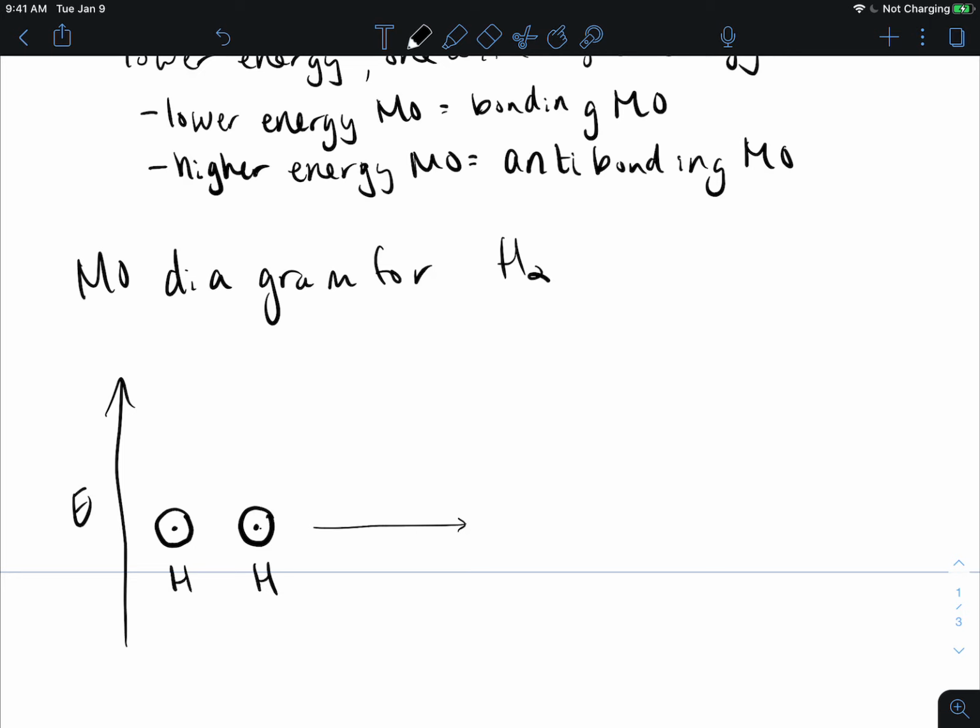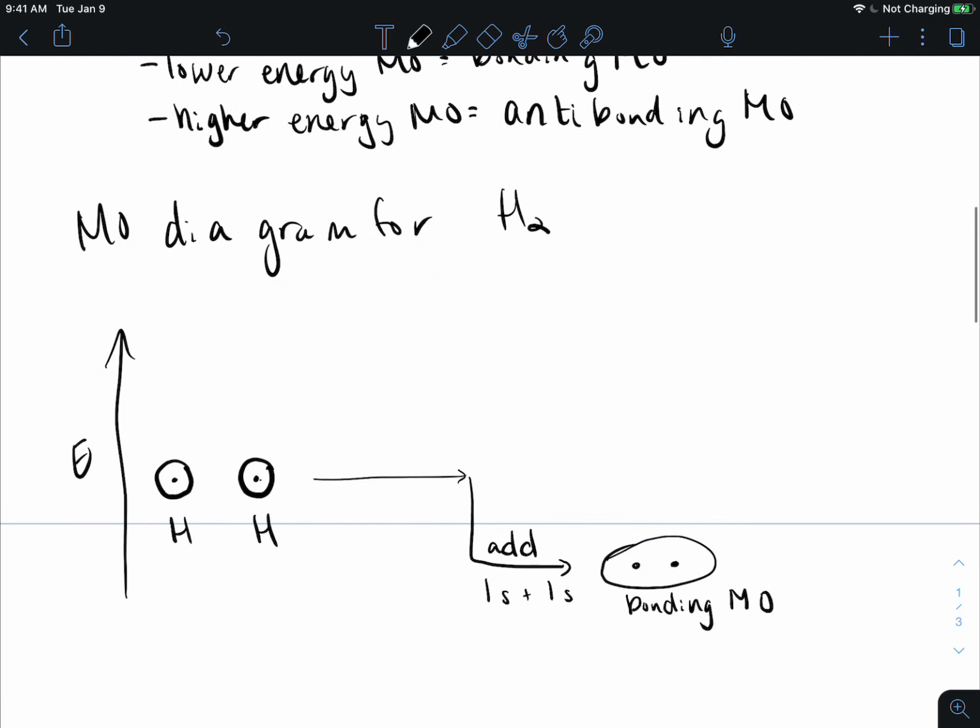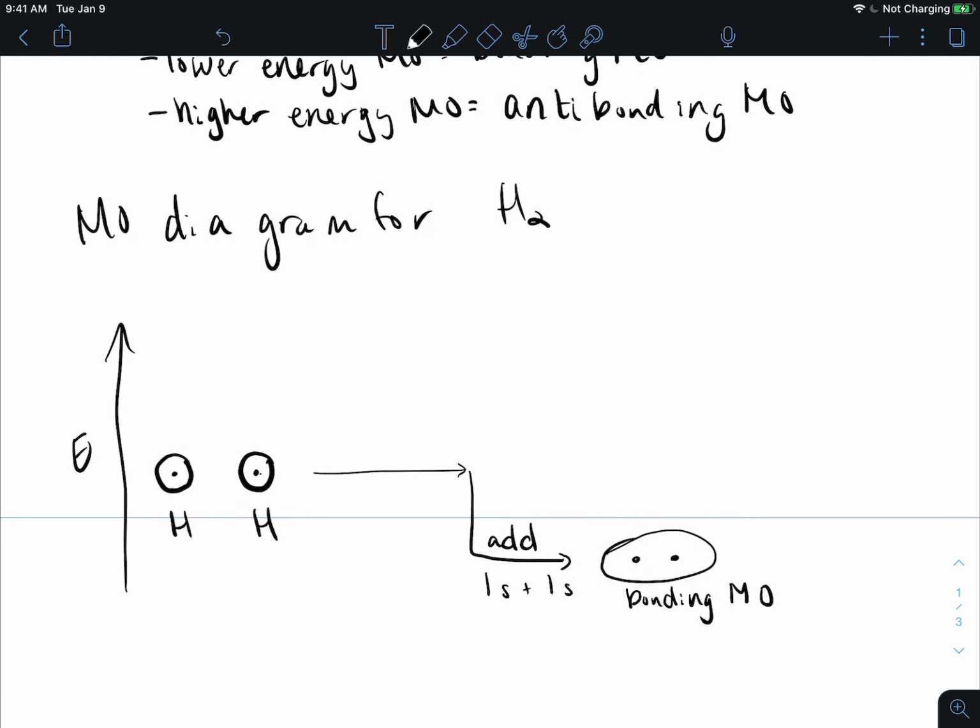So basically what happens is we add the wave functions of our 1s orbitals to produce our bonding molecular orbital for our H2 molecule. So this is a molecular orbital that describes the molecule, and it's a sigma 1s molecular orbital.